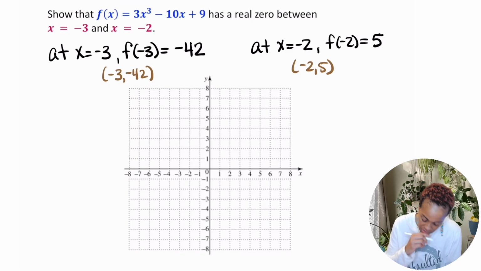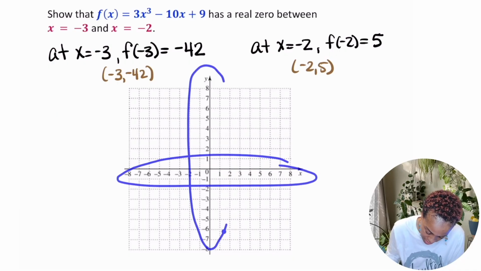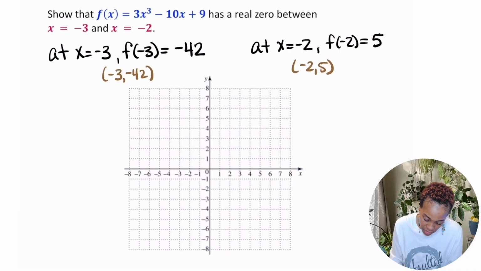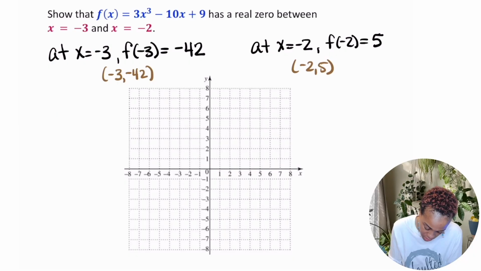This is guesstimating because we don't have enough numbers. But you have your x-axis and you have your y-axis, right? If there's a real zero that exists between these 2 points here, then the y value sign changes. See how the y value sign changes? I'm visual, so I want to see it. X equals negative 3 is right here, and y equals negative 42.